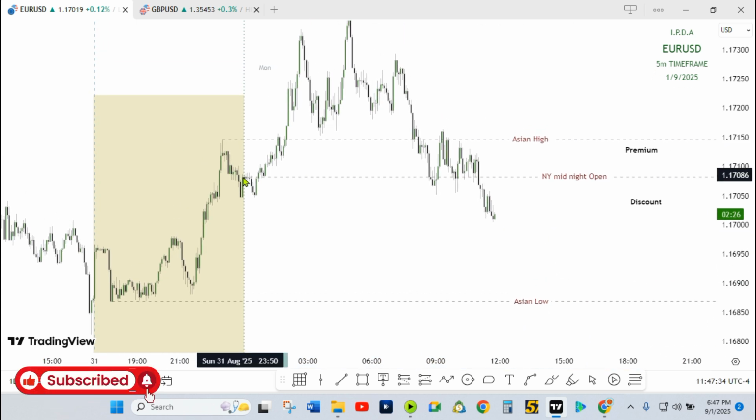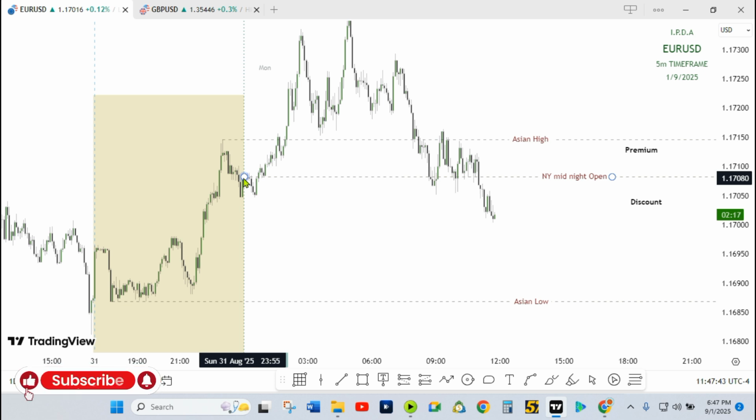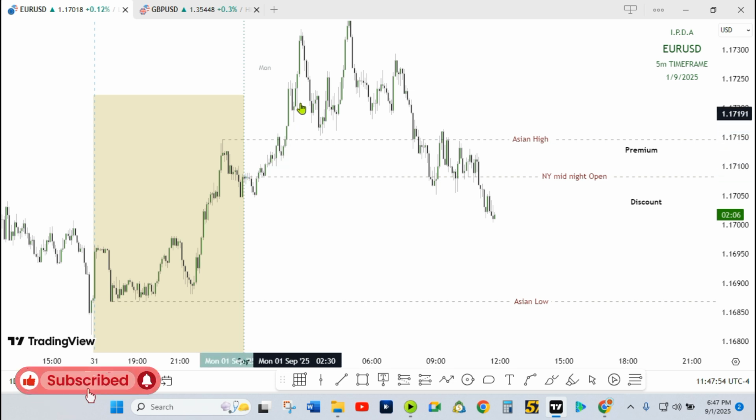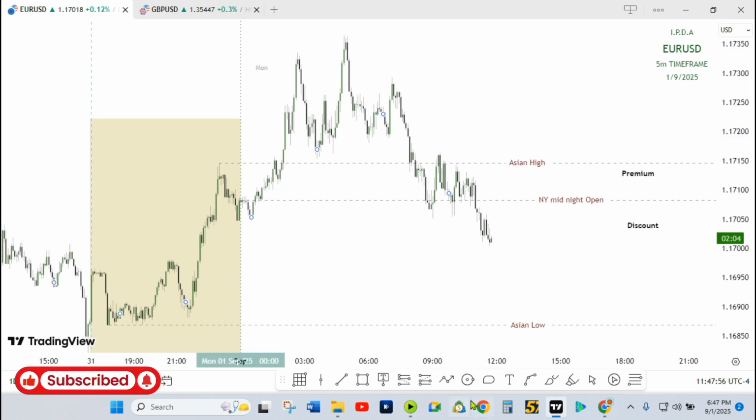Here, after the New York midnight open, the first move is very, very important because it tells us if the price is going to the premium before selling or going to the discount before buying. In today's case, price opened and traded above the Asian highs, which is premium.